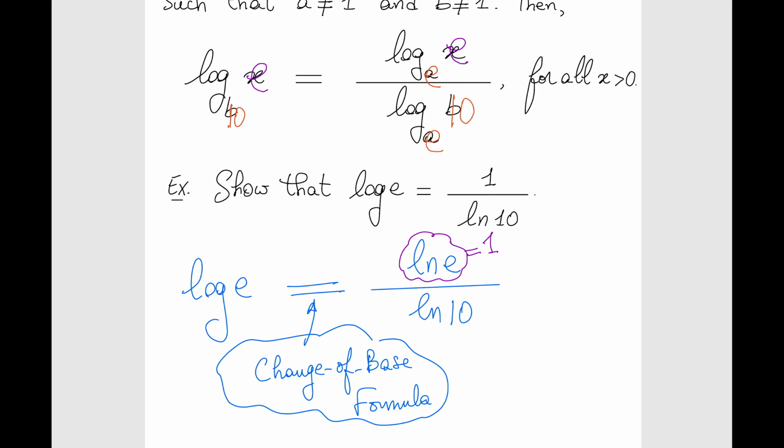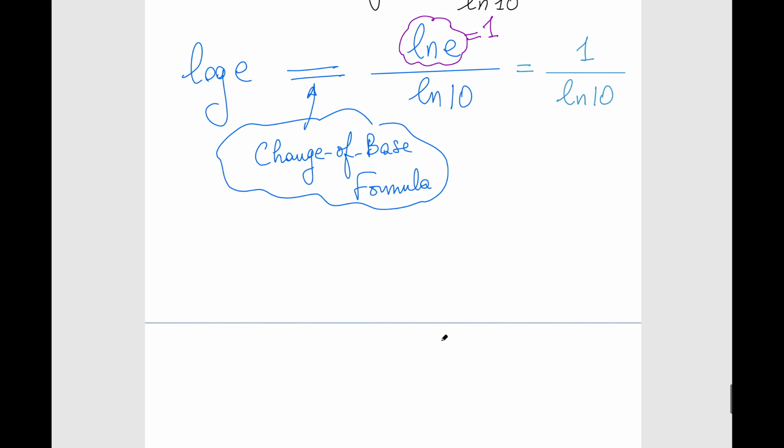So then we get 1 over ln of 10, as we wanted to show. We wanted to show that log base 10 of e is equal to 1 over ln of 10. So we just did, right? All right. Let's go to the book.